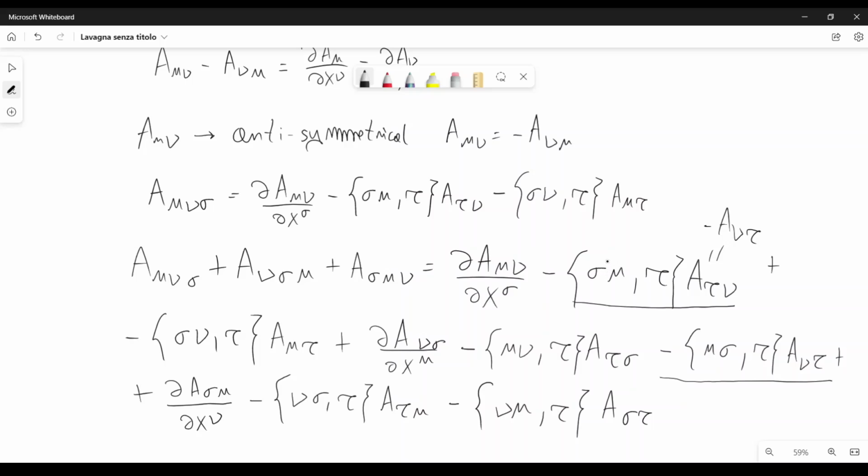Also remember that the Christoffel symbol is symmetric with respect to these two indices, σ and μ, so you get exactly the same quantity with the opposite sign.